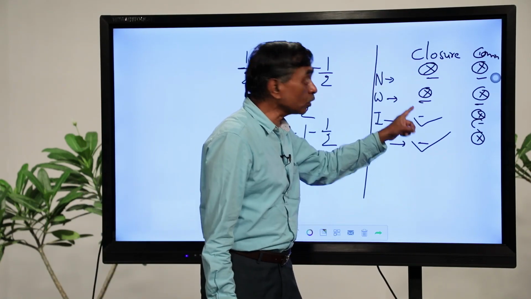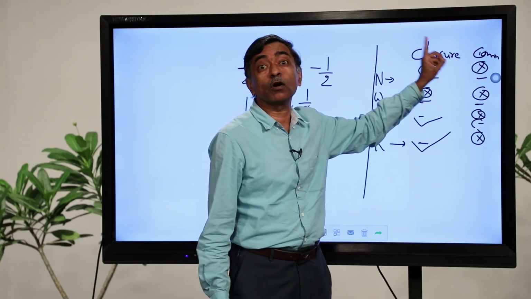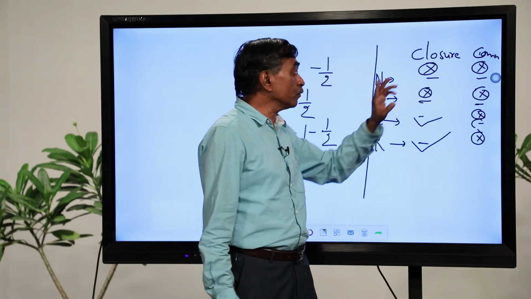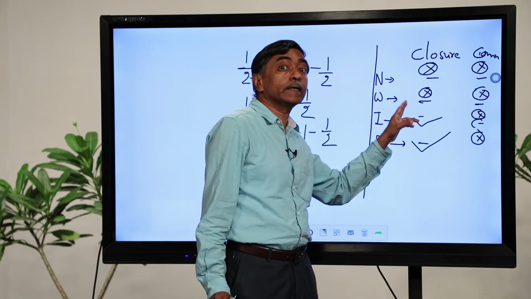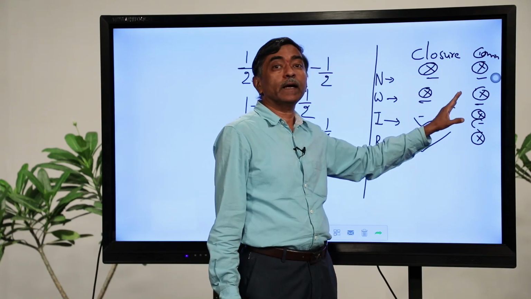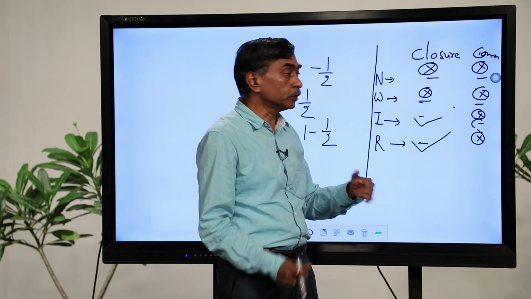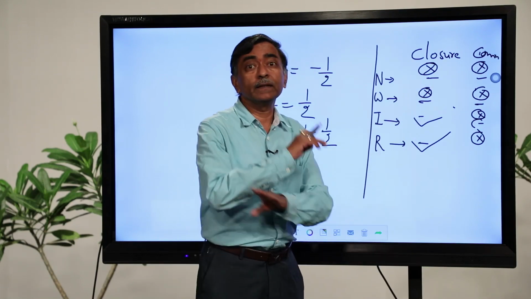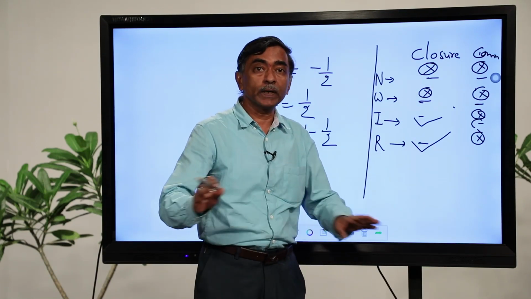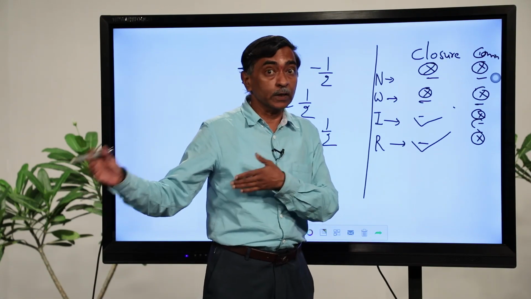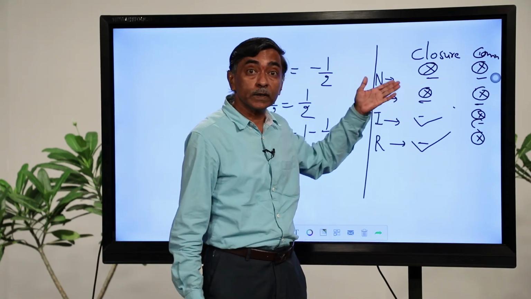If this is not closed, then definitely it is not going to be commutative. But if it is closed, it may or may not be commutative. That is the situation; if it is not closed, the case ends there.